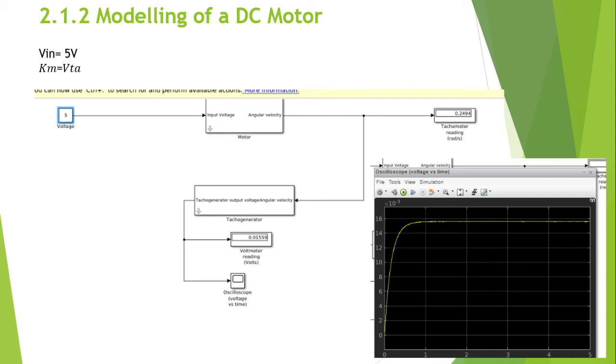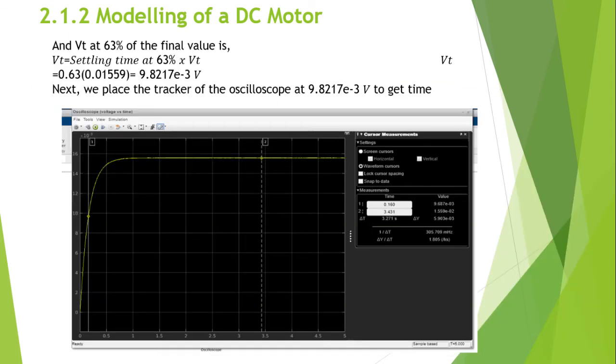So we choose Vin equal to 5 volt. Here is the block diagram and oscilloscope graph for the 5 volt input. Next, we calculate the Vt at the settling time, which is at 63%. To search for the angular velocity at the settling time, 63%, we need to start with the angular velocity for the 5 volt.